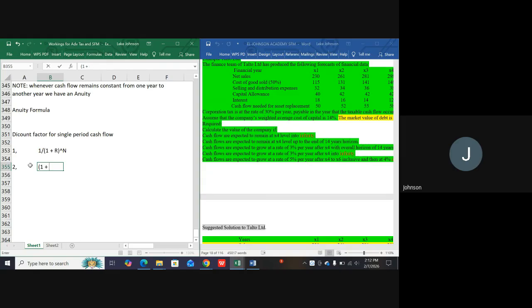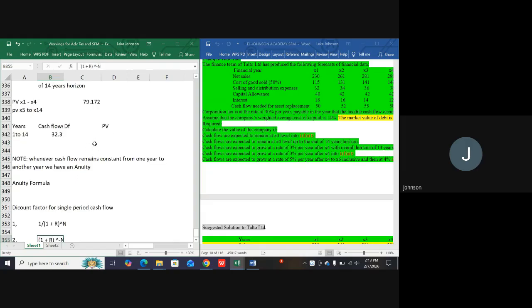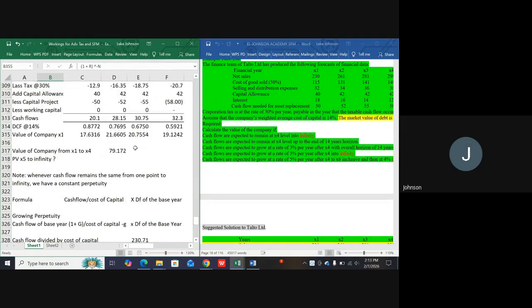Then we'll say raised to power minus n. So this is the method that we use for discounting, right? You can use this one, you can also use the other one, whenever your cash flows are distinct, they are not the same.